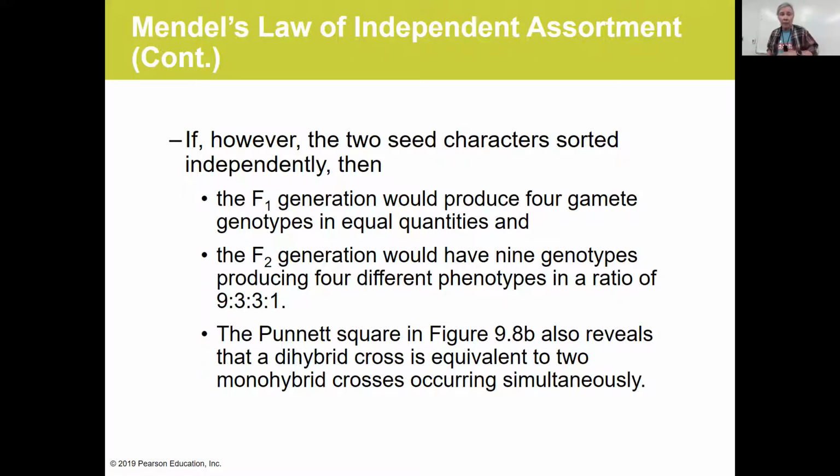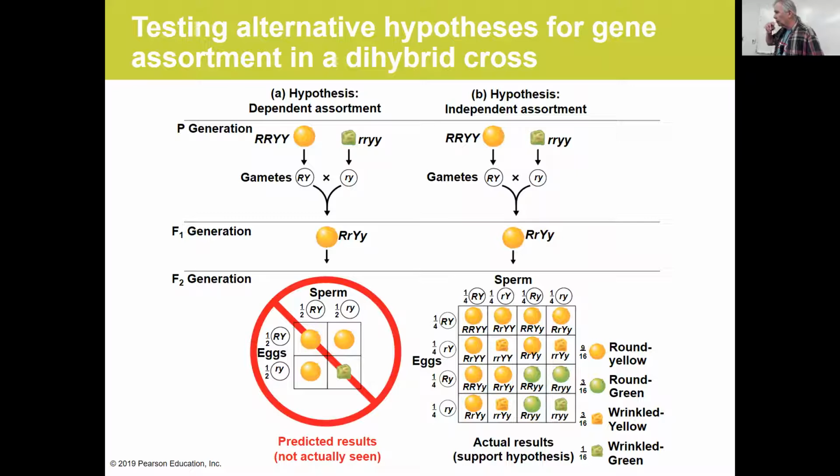If you don't get that ratio, it's not independent assortment. The Punnett square in figure 9.8b also reveals that dihybrid crosses are equivalent to two monohybrid crosses occurring simultaneously. It's going to look a little more complicated, and it is a little more complicated, and there's one extra step you've got to do in a dihybrid cross.